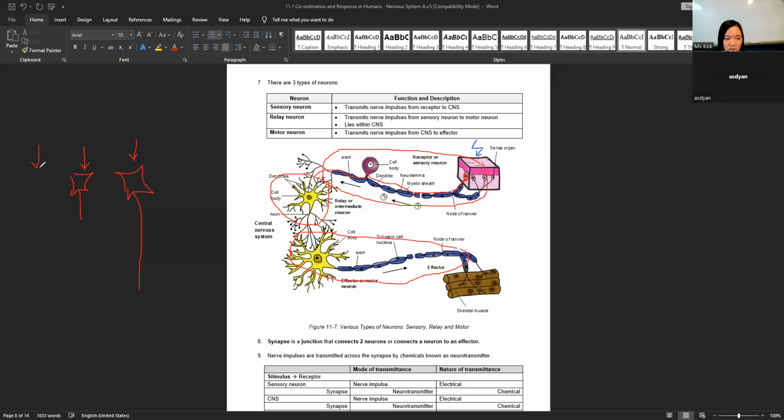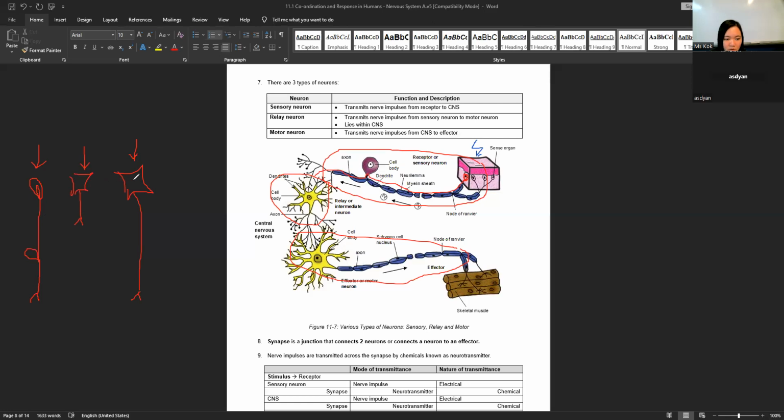The sensory neuron is slightly different. Sensory neuron starts off with the receptor. It doesn't start off with the cell body. It starts off with a receptor, and then the cell body is somewhere in the middle, and then it ends here. Okay, these are the ends. So the sensory neuron structure is slightly different from relay neuron and motor neuron because the cell body is found in the middle.